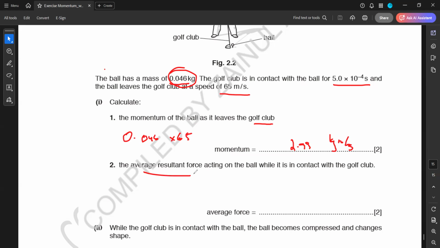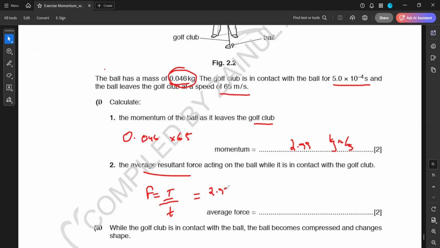Then we need the average force. As I mentioned again here, the ball was initially stationary. So if I need the force, it is impulse divided by time. But when the object starts from rest or stops, the impulse is the same as the momentum.